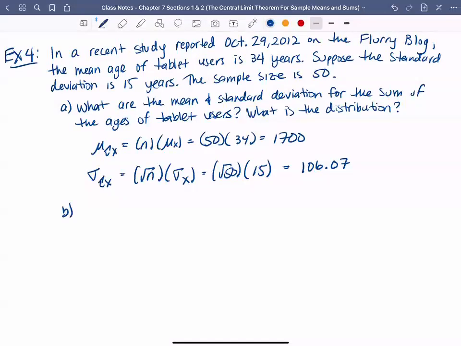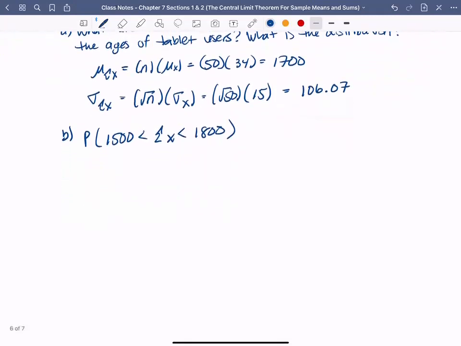So now B. B says, what's the probability that my value lies between 1500 and 1800? So let's find this probability. Let's graph this first.